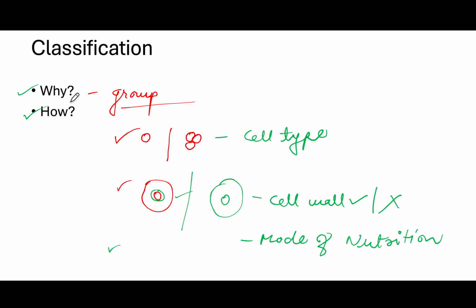So there must be involvement of some scientists in classification. So the third point of today's class is who classified. Why is covered, how is covered. Let's come to who classified living organisms into groups, which we ultimately call kingdoms.